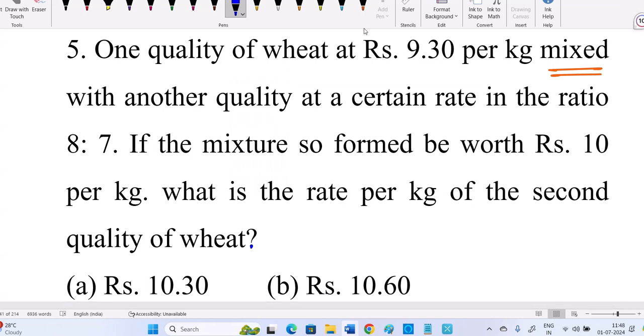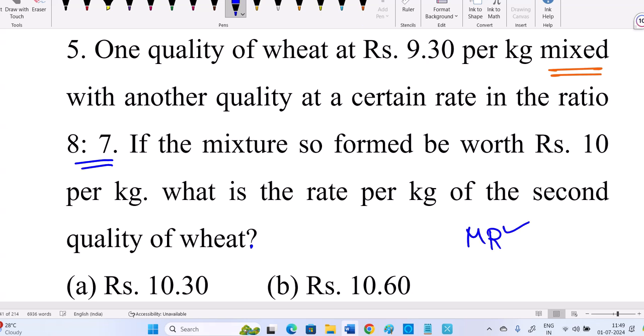The first thing you should get clarity on in your mind is: is the mixed ratio given or not? Yes, the mixed ratio is given, 8 is to 7.